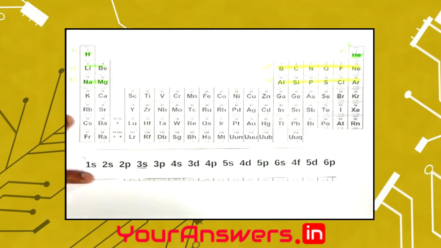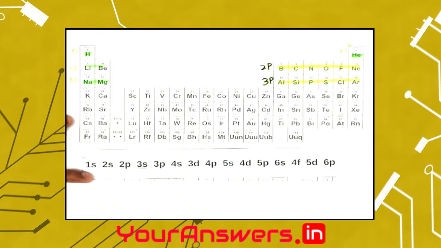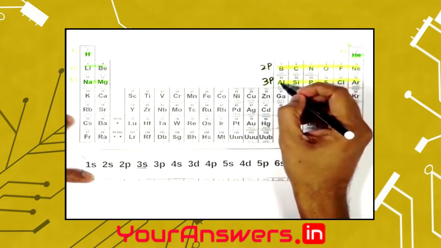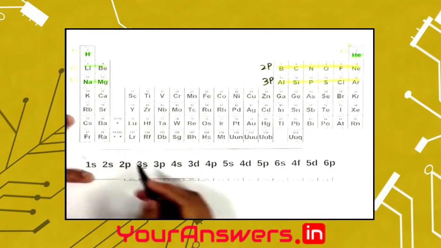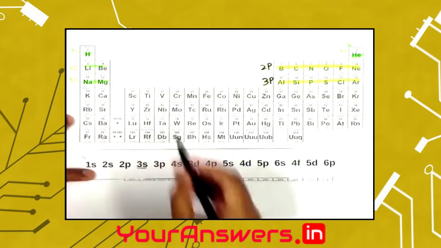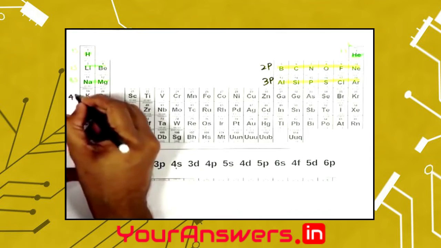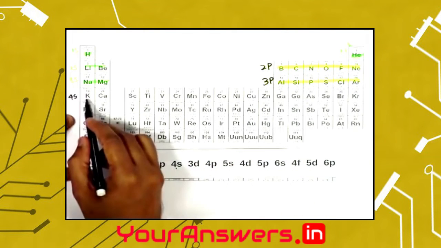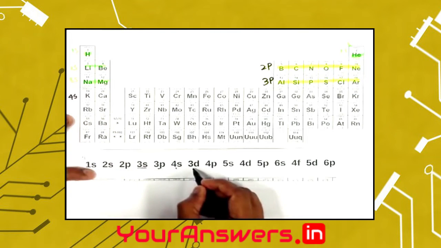So starting from boron, I started filling 2p orbitals. Starting from aluminum, I started filling 3p orbitals. And similarly starting from potassium and calcium, 3p is gone, so I have 4s. After 4s comes 3d, so potassium and calcium, 4s capacity is done, and the next orbital is 3d.